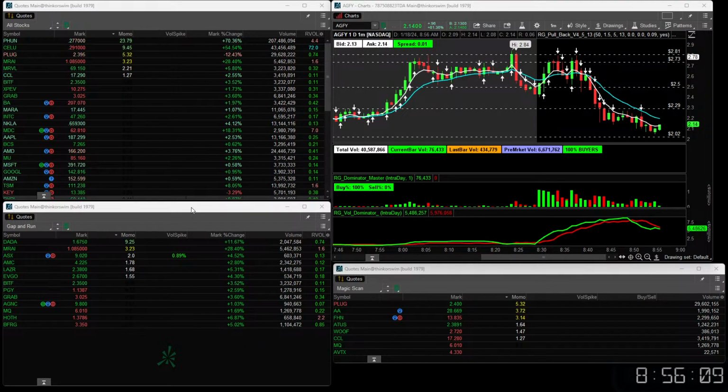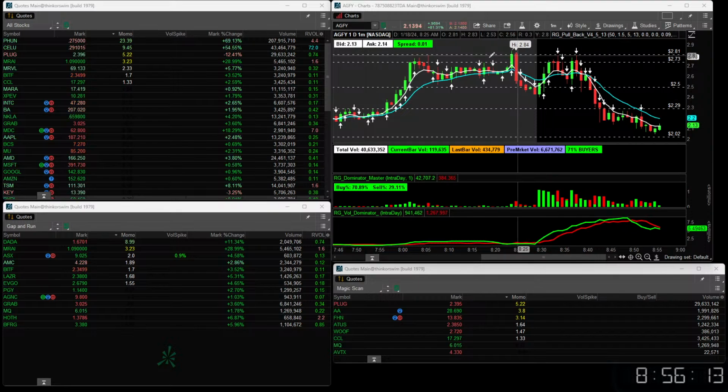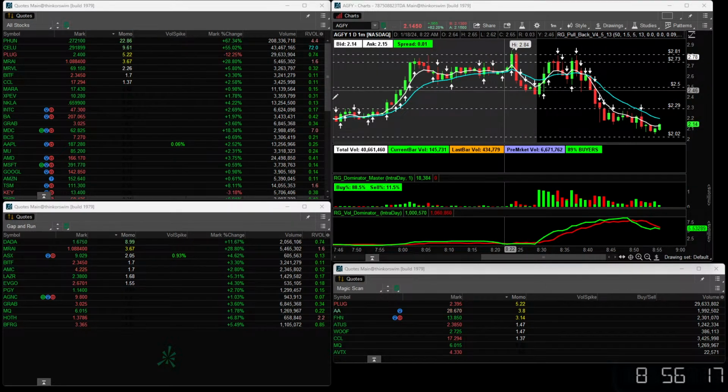AGFY going down the rabbit hole. They had trouble at this level all morning, or most of the morning, and finally gave up.